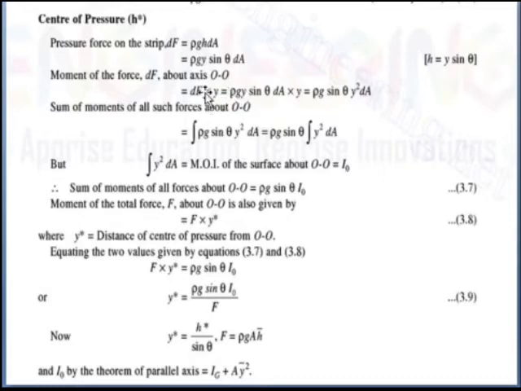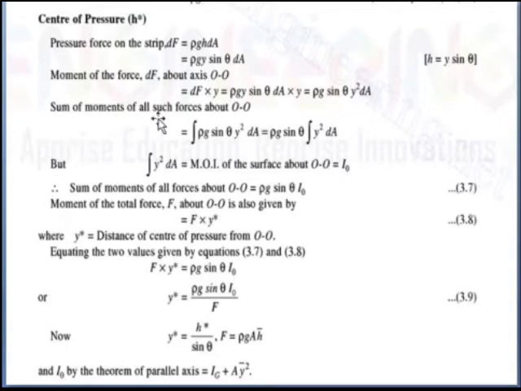Then dF is rho g y sin theta dA into y. So the moment of force dF about the axis OO is equal to rho g sin theta into y square dA.